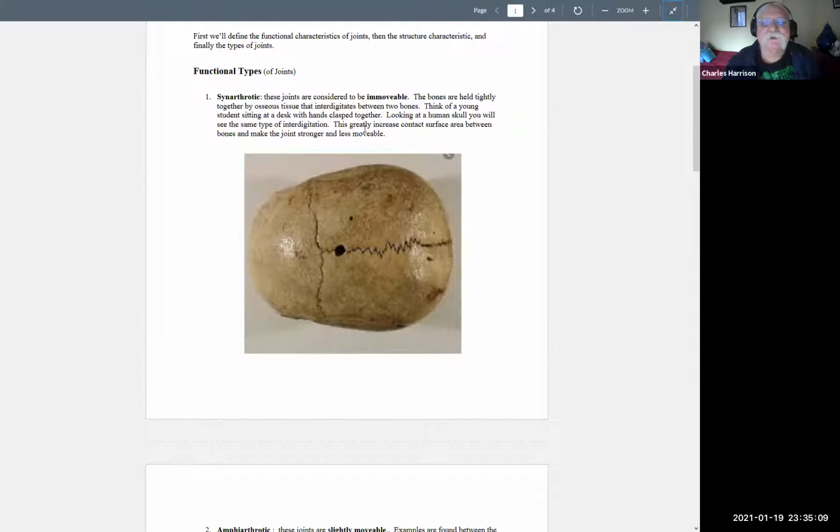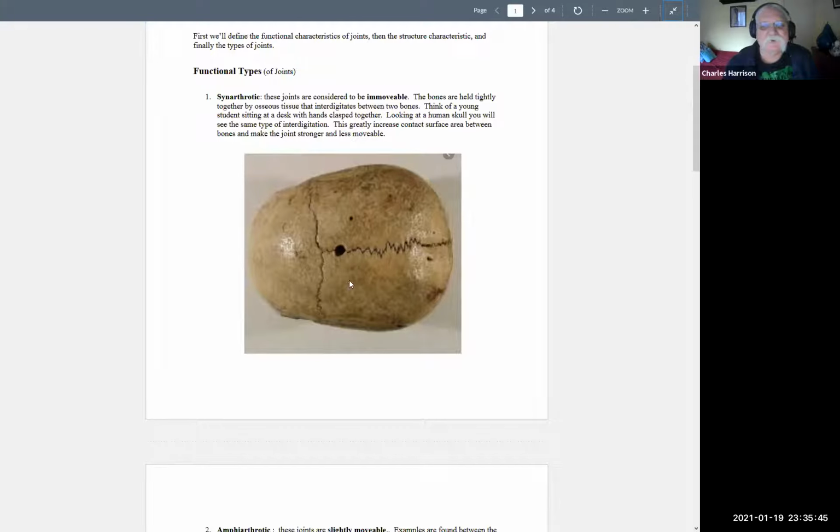Probably the best looking synarthrotic joint that we can think of is in the skull. We have sutures. Here's a suture, and here's a suture. Here's the forehead, and here's the base of the skull. And these bones here and here, which are both parietal bones, are interdigitating, increasing the surface area tremendously.